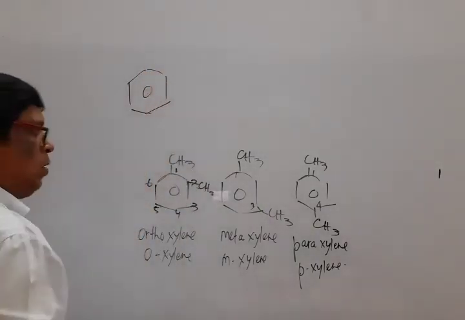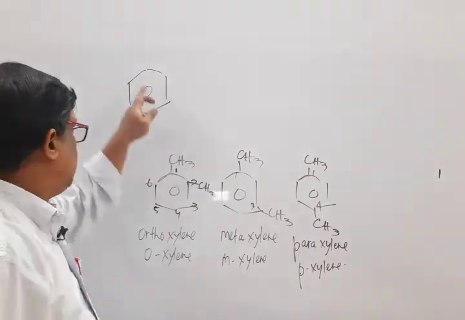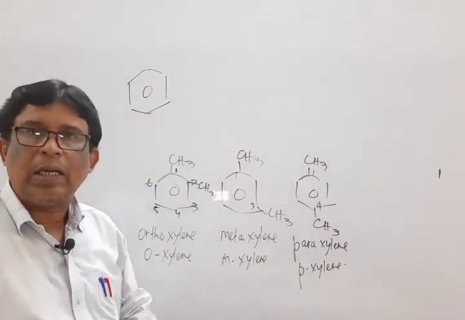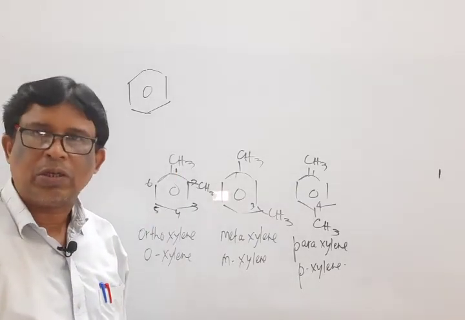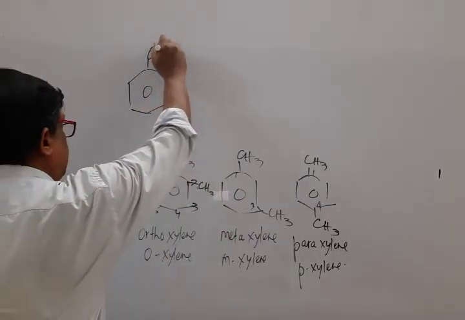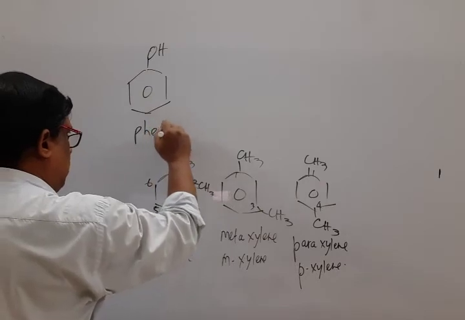Similarly, mark another example. This is the benzene nucleus, the benzene ring. You may write double bonds one after another, or in a cyclic form, the resonance structure of benzene. We may write this, which is known as phenol.